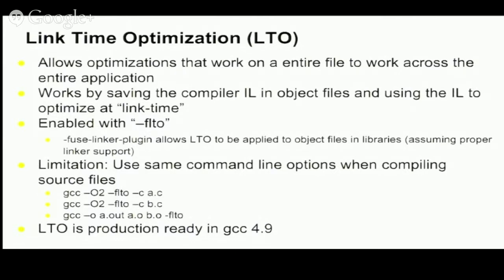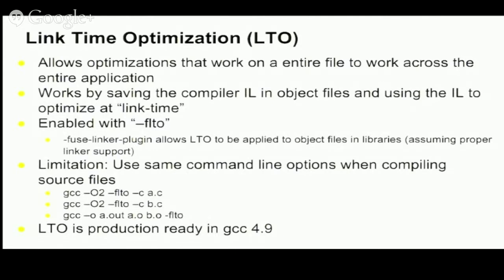Any questions on link time optimization? I was speaking to Christoph about this, and he suggests that LTO and PGO are very complementary, so that's probably something to look at.